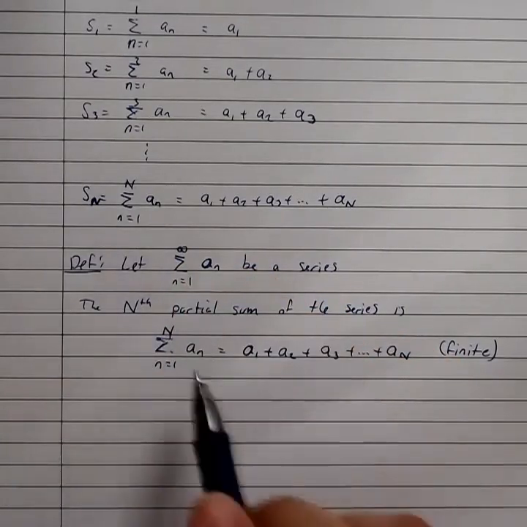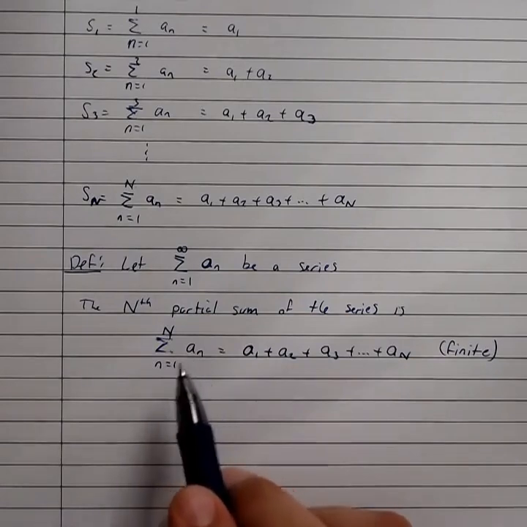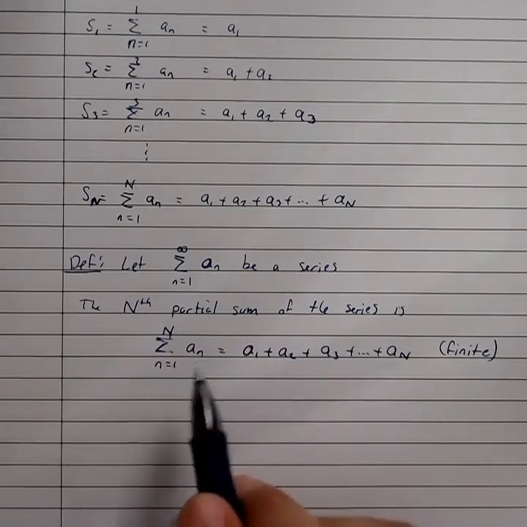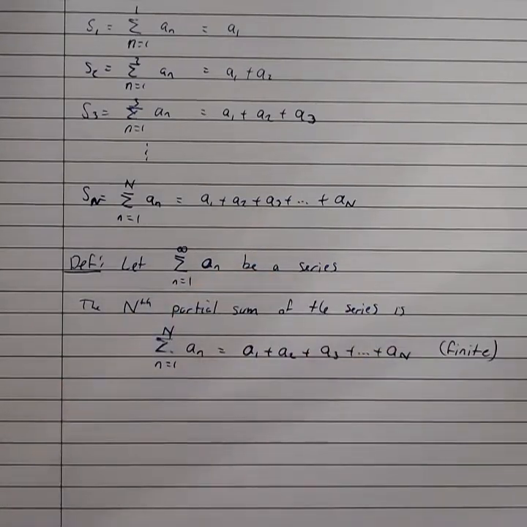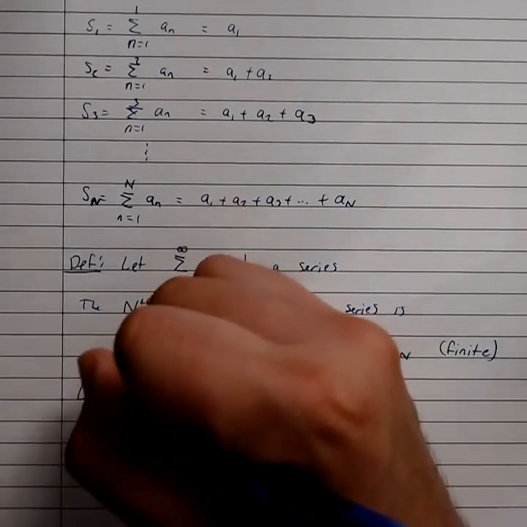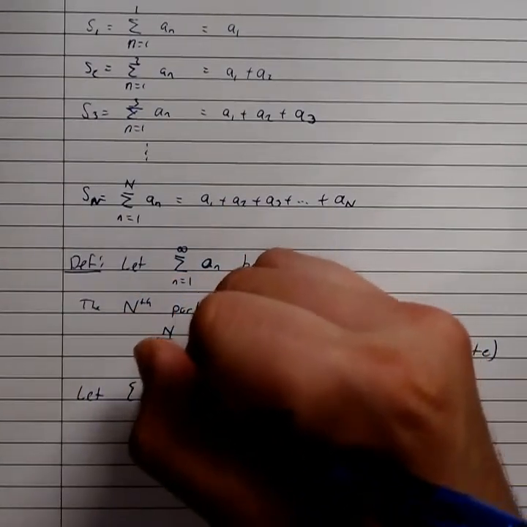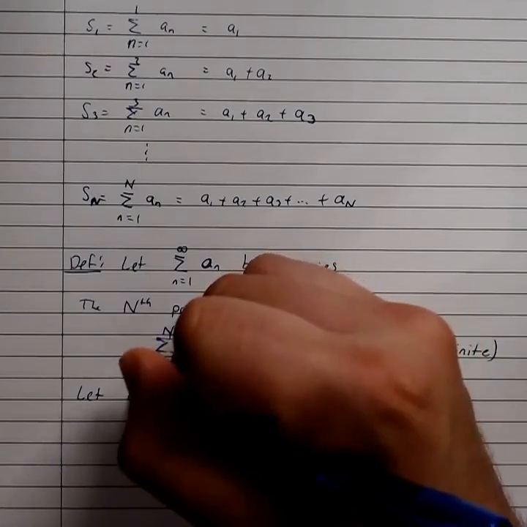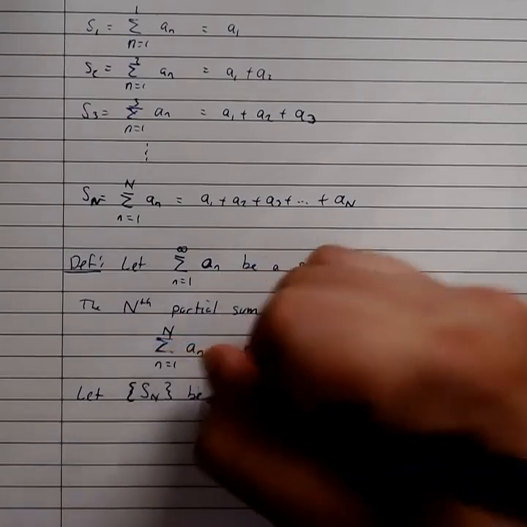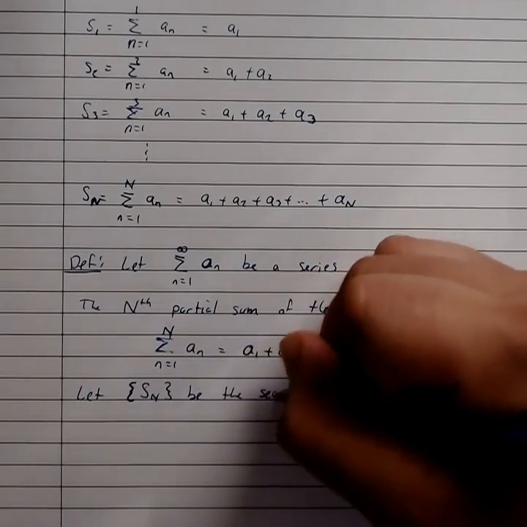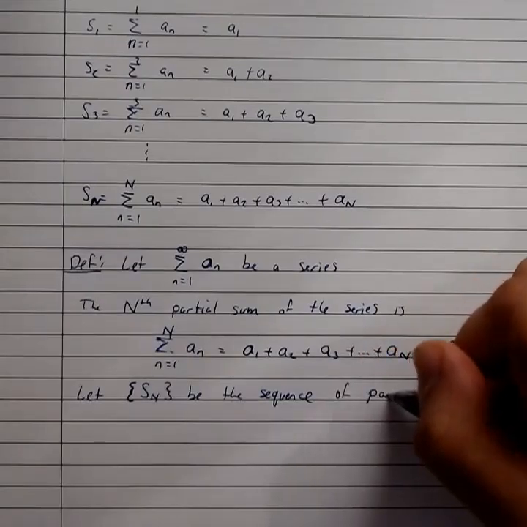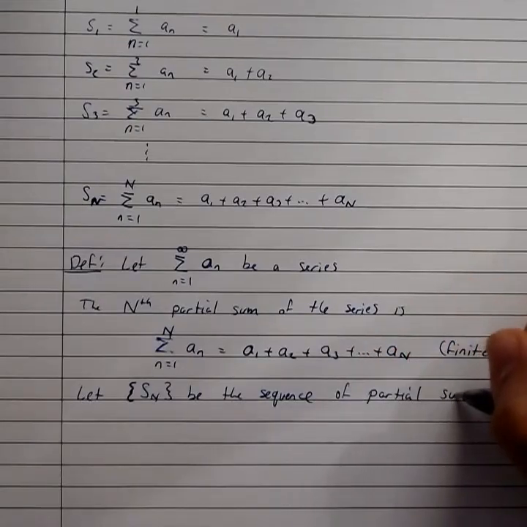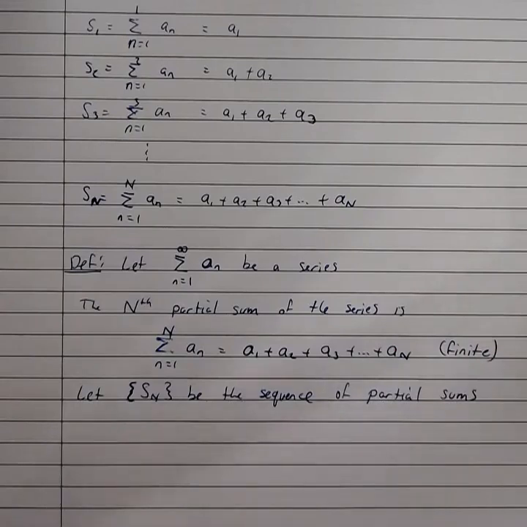Now, out of these partial sums, we're going to make a sequence. Not a series. We're not going to add them together. We're just going to form a list. So now let S sub N, written this way, be the sequence, not a series, but the sequence of partial sums. All right.